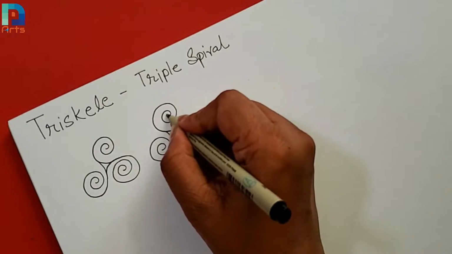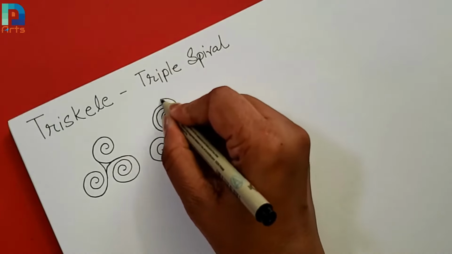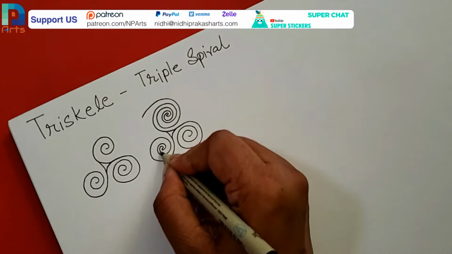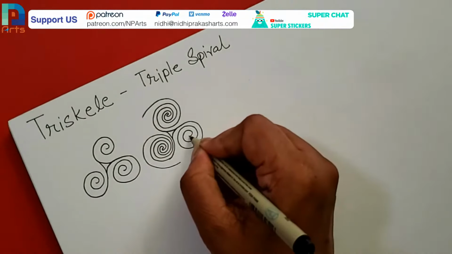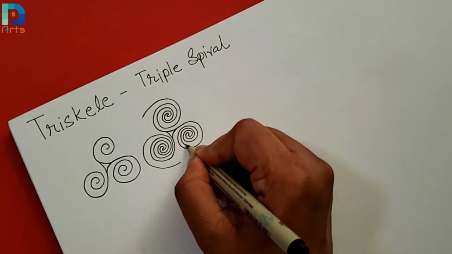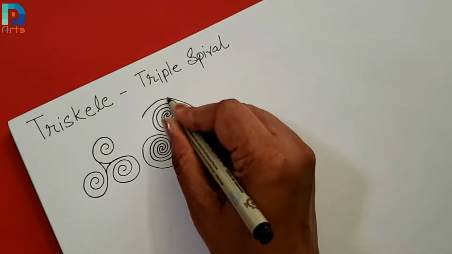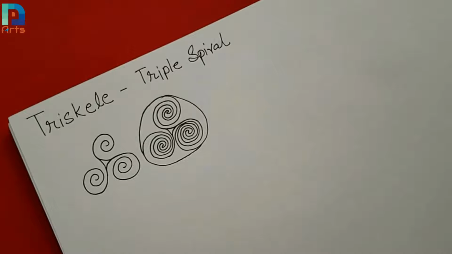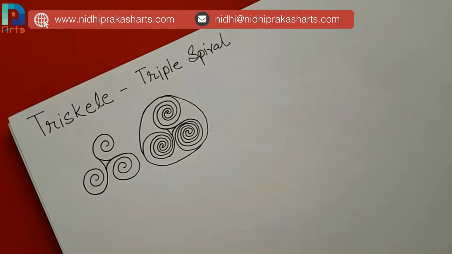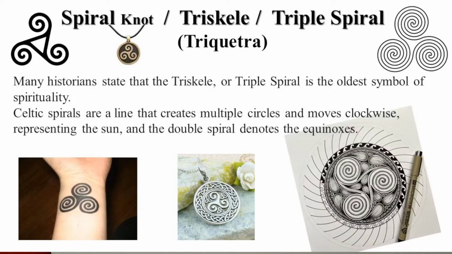Now it can be the double one, like the spiral is going, and I can continue this double spiral. They kind of join with each other like this. So this is the double spiral Triskele. It can be the single spiral, it can be the double spiral. If you draw this with the tool, it becomes very easy.